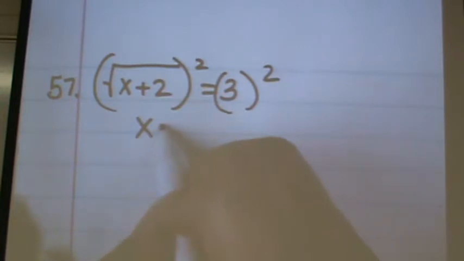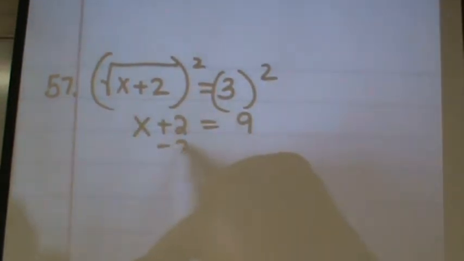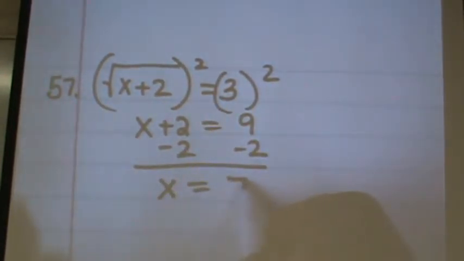Now this one you're going to square both sides. And you get x plus 2 equals 9. You're going to subtract 2. x equals 7. That was easy.